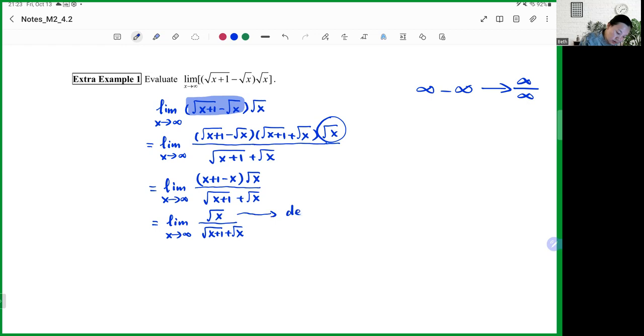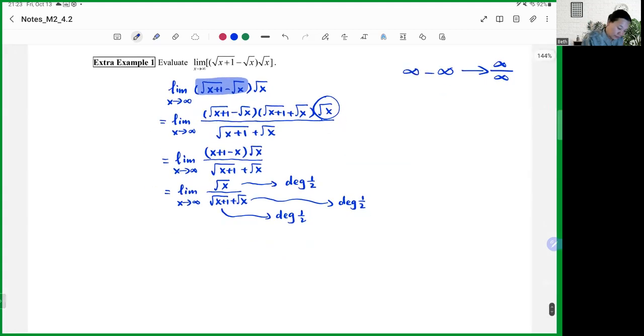This is of degree 1/2. This one also of degree 1/2. And the last term, degree 1/2. So I decide that I will divide by the degree 1/2. So when I divide, I will divide by root x.